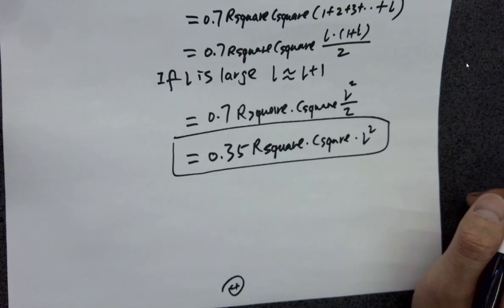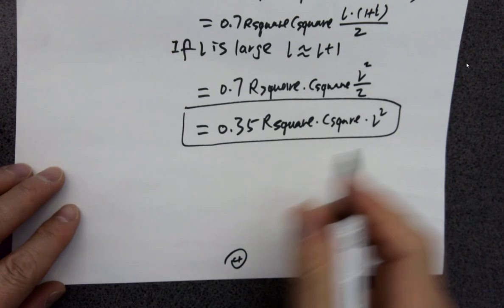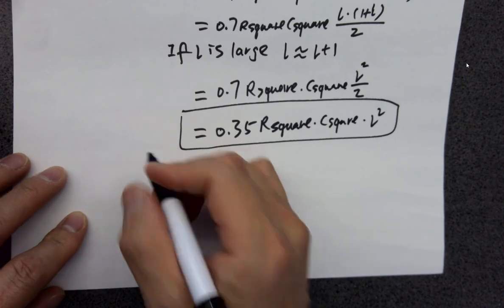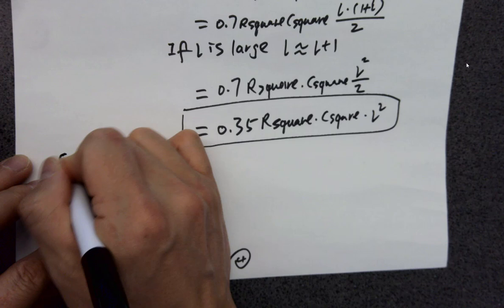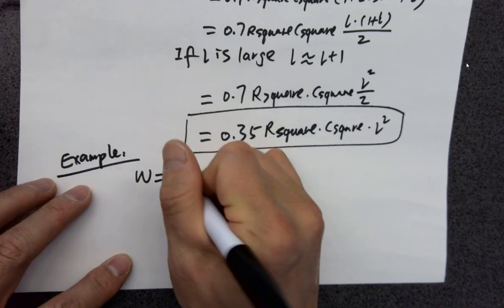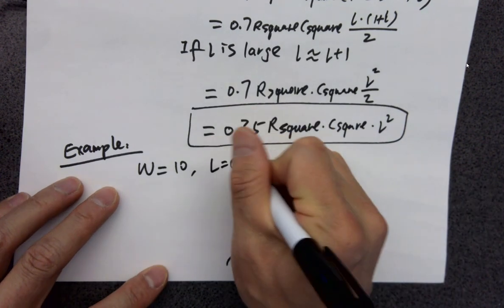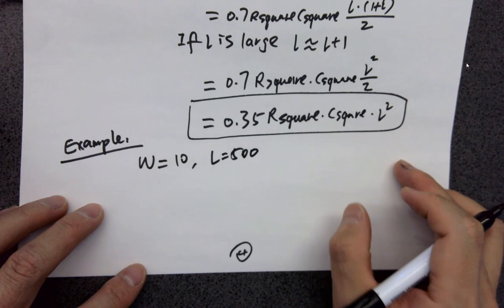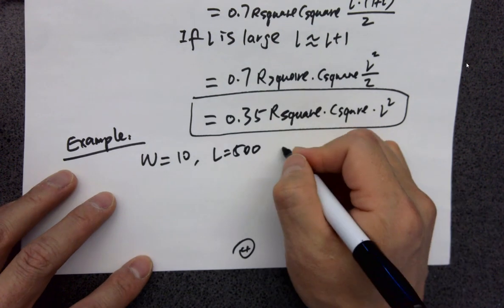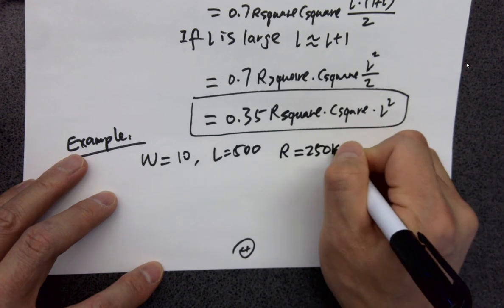Let's look at one example here. There's an N-well. The width W is 10 lambda. L is 500. R, the overall resistance, is 250 k ohms.